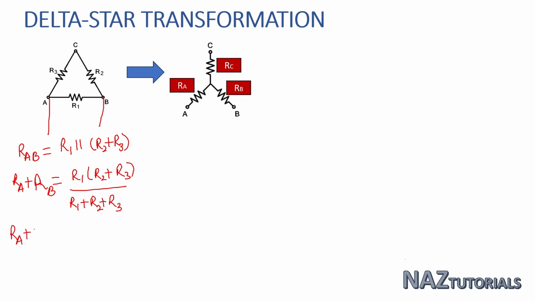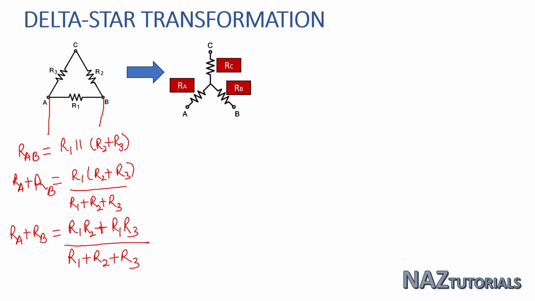So RA plus RB is equal to R1 R2 plus R1 R3 divided by R1 plus R2 plus R3.